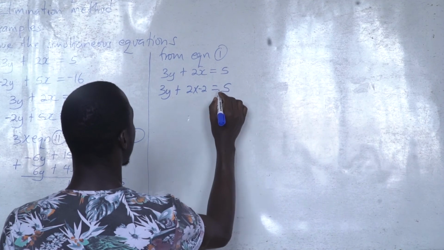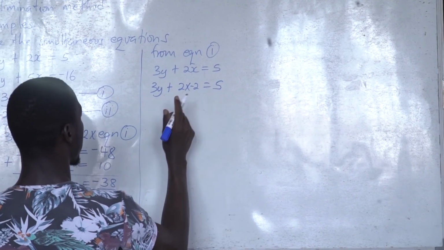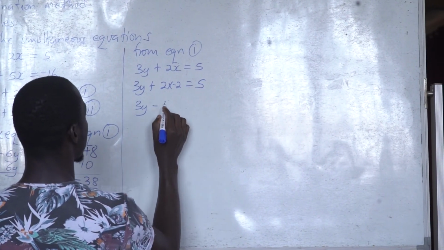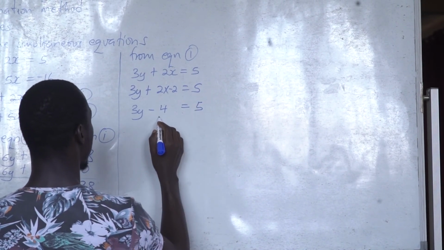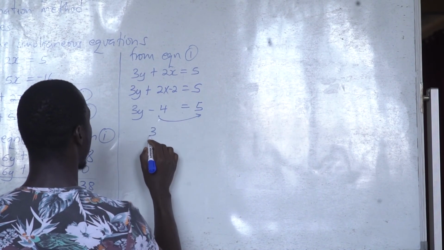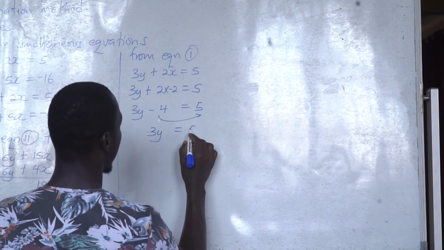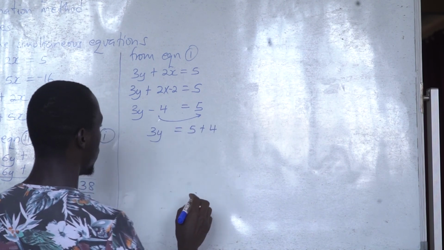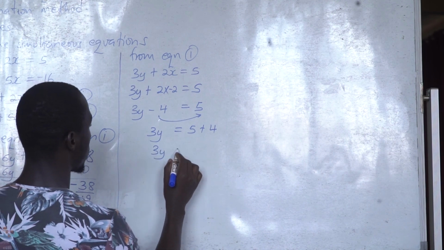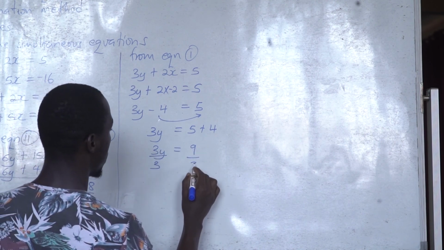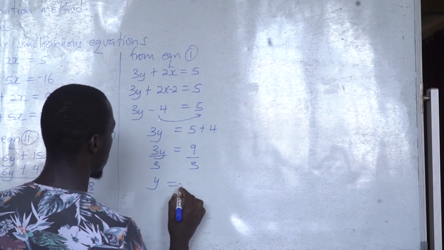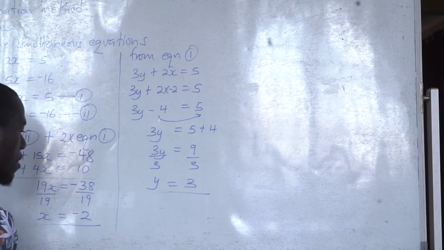When I multiply here, I get negative 4. Then 3y minus 4 is equivalent to 5, so I take this negative 4 to the other side of the equation to become a positive. So 3y is equivalent to 9. Then I divide both sides by 3 to get my y value as 3.